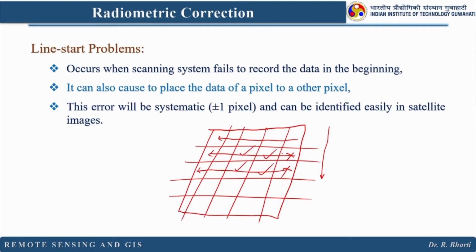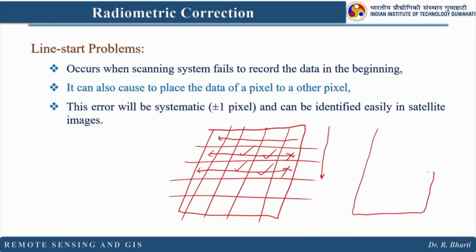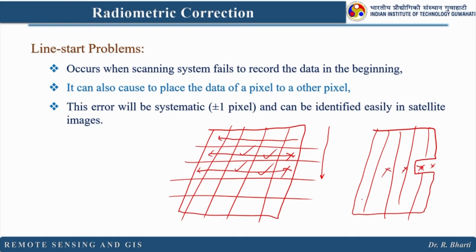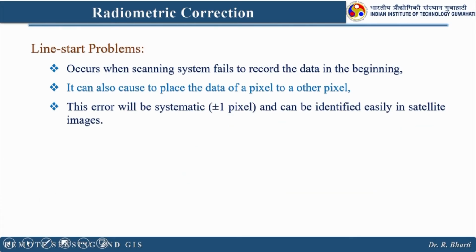So either this will be the case, or in the other case, all the values are present except these two, right. So these two pixels will not be present here, or this value will be placed here and this value will be placed here, this value will be placed here, right. So this can happen. So there will be a change in the position location of each pixel in that particular line. So that is known as the line start problem.